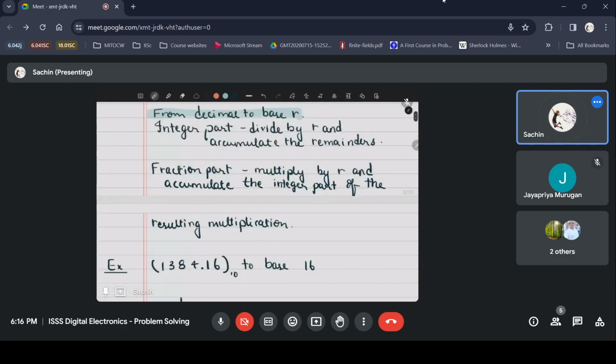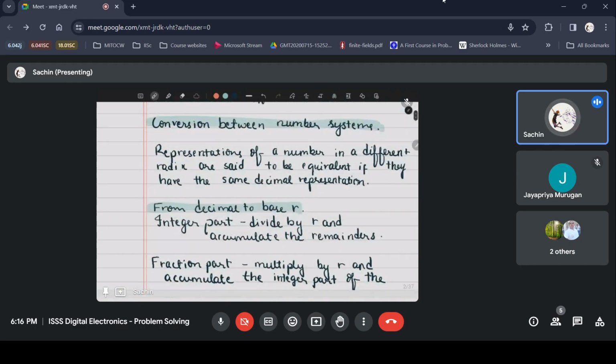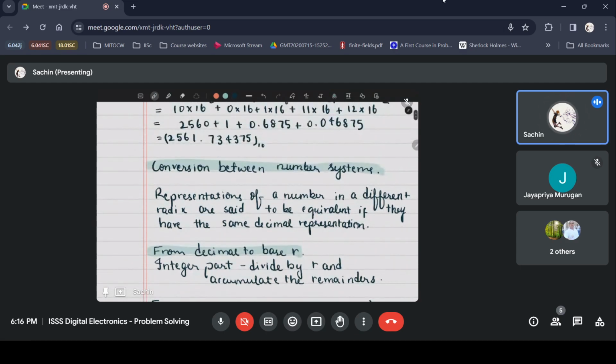Now from decimal to any base r. So this is the principle followed in general. You take the integer part and you divide that by the base or radix. It's also called radix, so they use the symbol r.